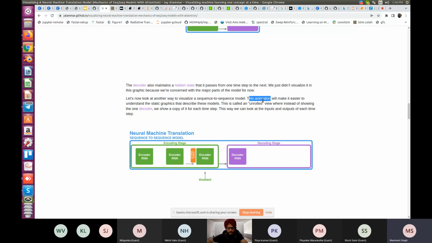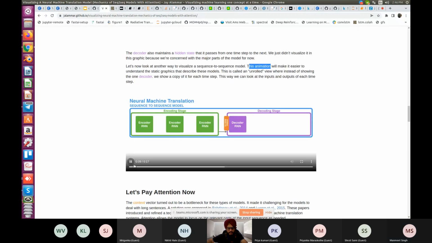So we can see here, "Je" goes to the encoder RNN, hidden state 1 is produced, then "suis" goes, then "étudiant" goes, and then it generates this hidden state number 3, which goes to the decoder, and then the decoder also generates a hidden state, which goes to another decoder step.